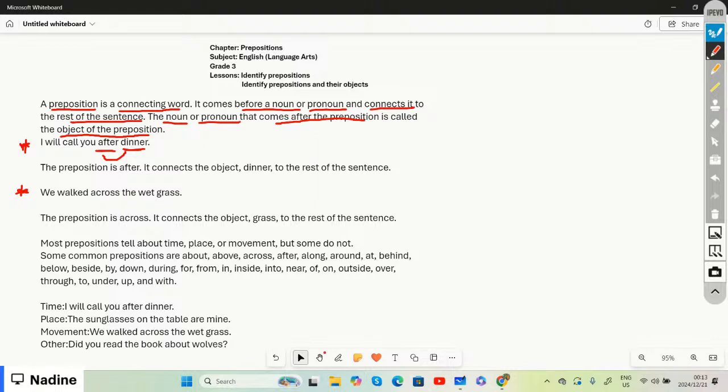So, we walked across the wet grass. If we were to identify our preposition, then across is our preposition.